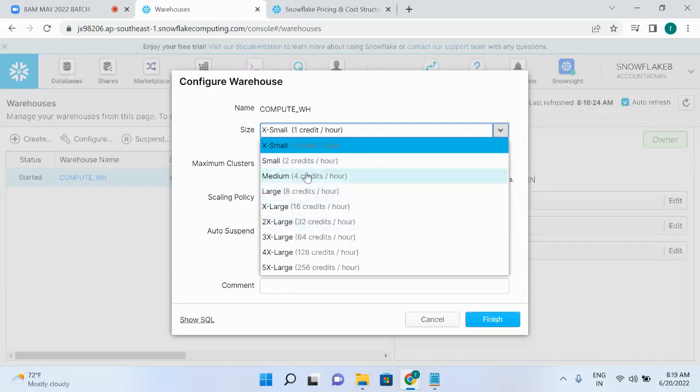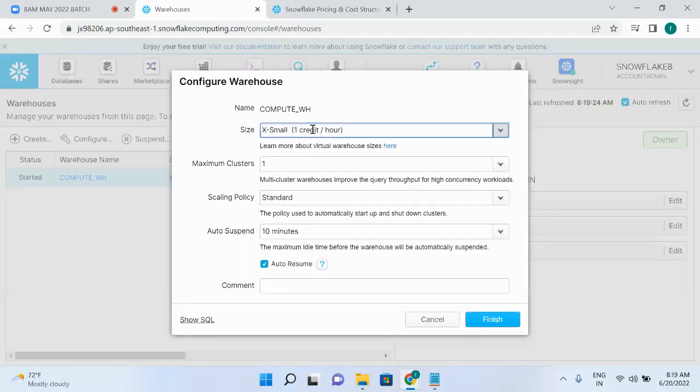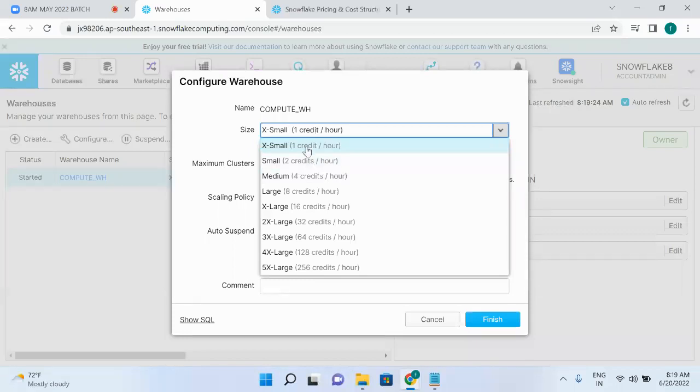We can assume that this means increasing the number of servers: one server, two servers, then 4 servers they are utilizing. Based on that, they implement the credits. So if they are utilizing virtual warehouse size extra small, it is 1 credit per hour. If it is small, 2 credits per hour.